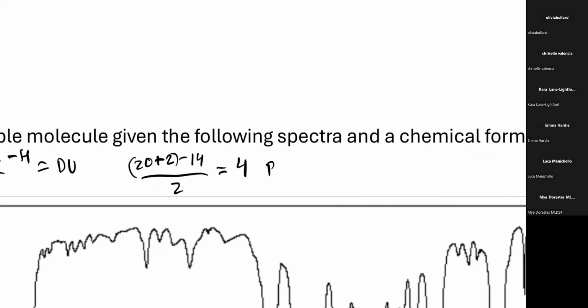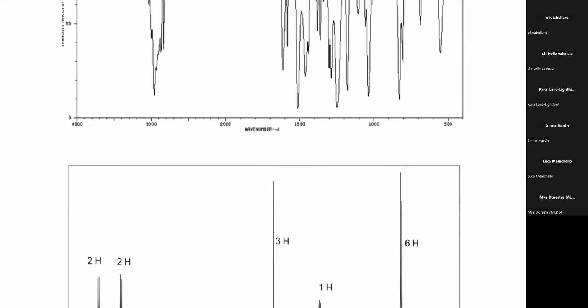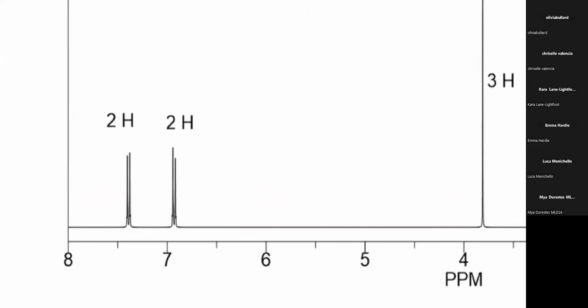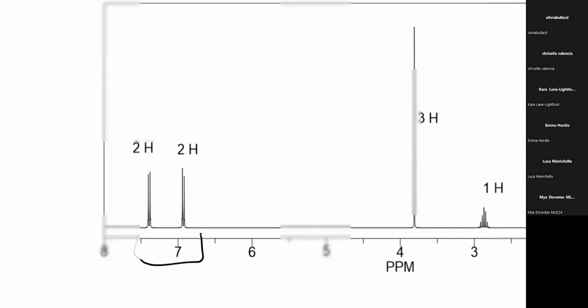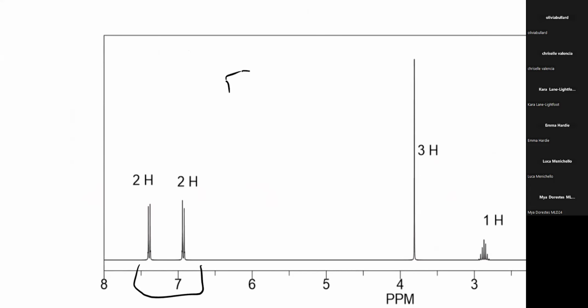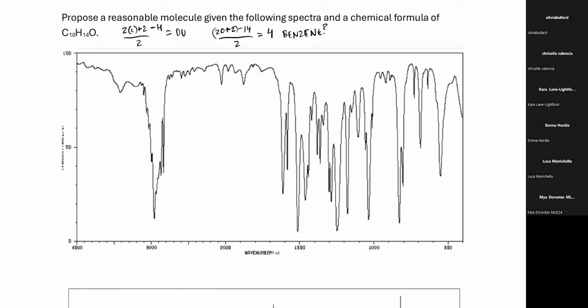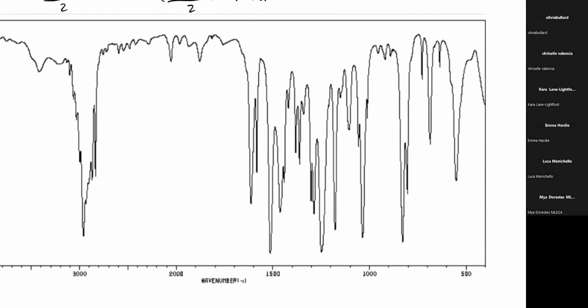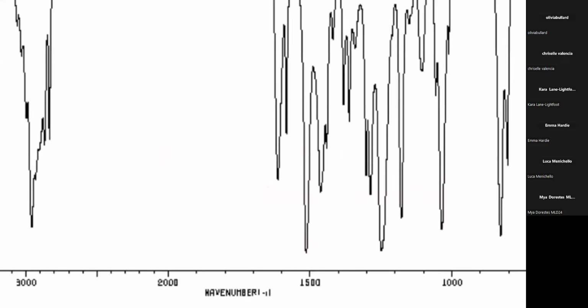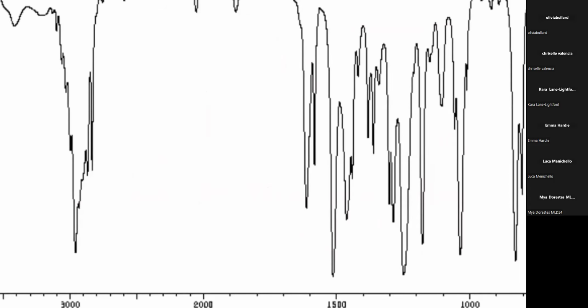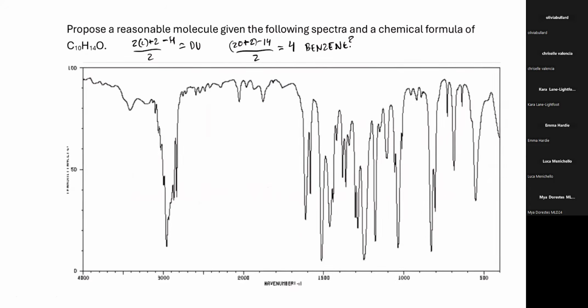I see 4, I think benzene? Question mark? So that's validated because I see peaks around 7. So that tells me, yeah, I definitely have benzene. That's going to be in there. I look over here. I'm looking for a very obvious peak around 1700. Maybe this is it, but it looks really low. That's in the 1600s.